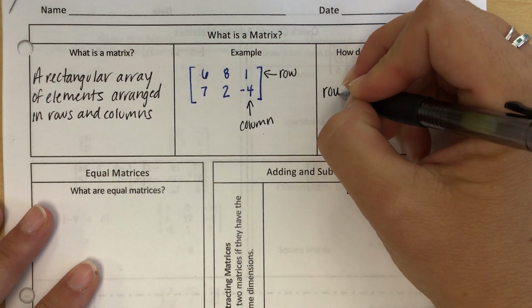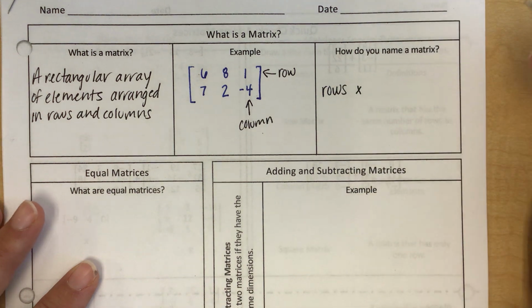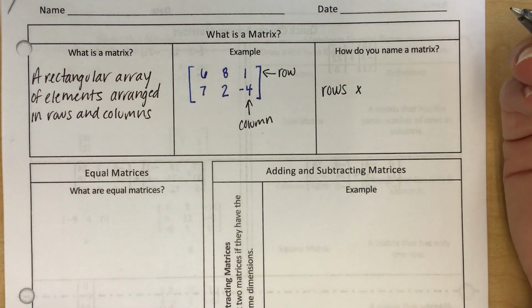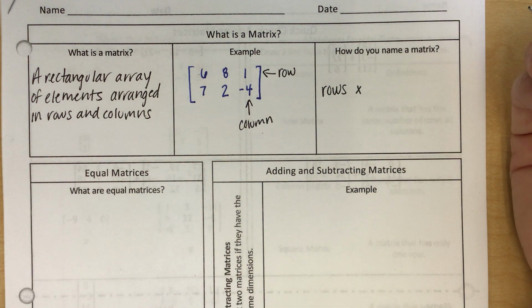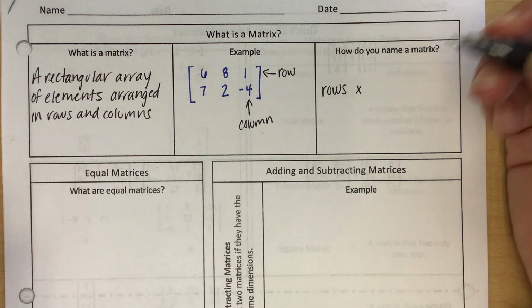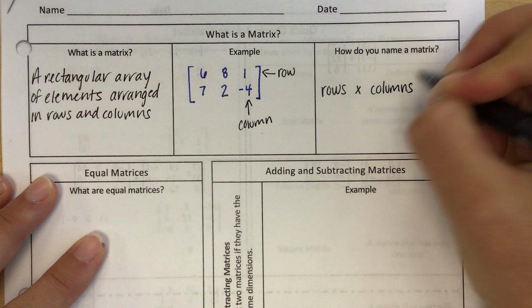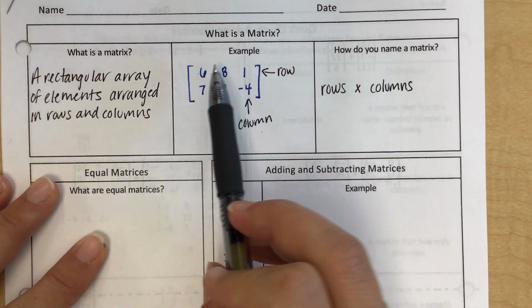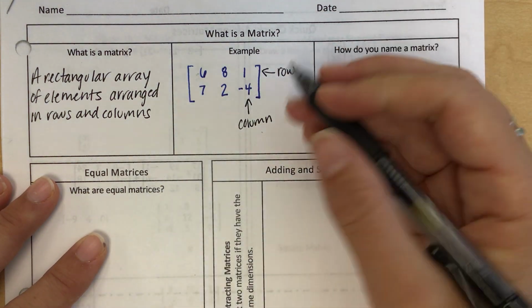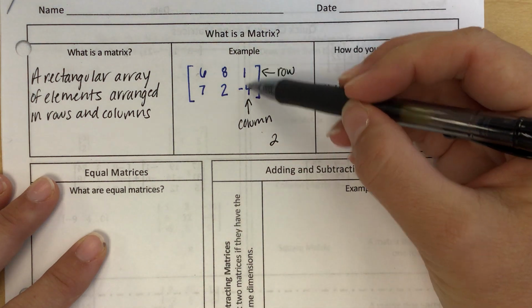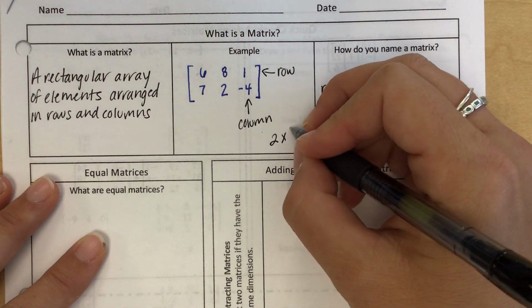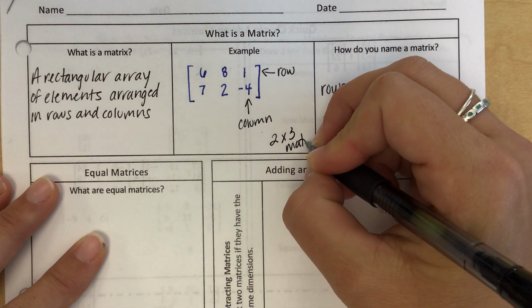Then we use an X to show 'by', like when you do measurements like 2 by 4 or 2 feet by 3 feet. So the same thing here: rows and then columns. In this example, we have 2 rows and 1, 2, 3 columns, so this is a 2 by 3 matrix.